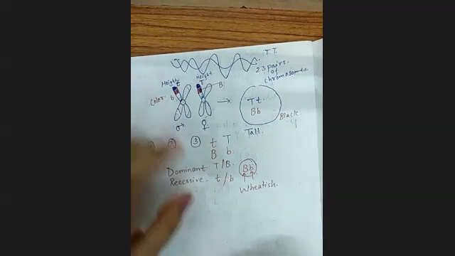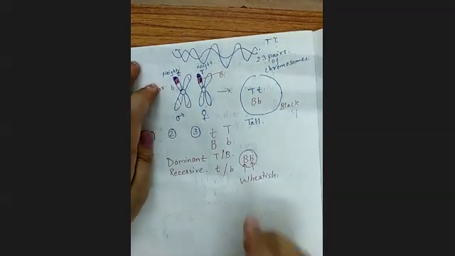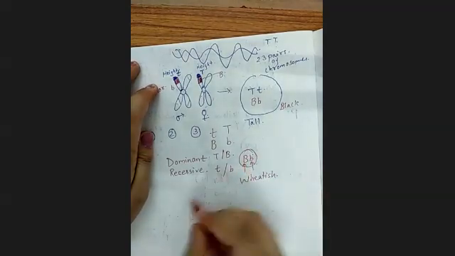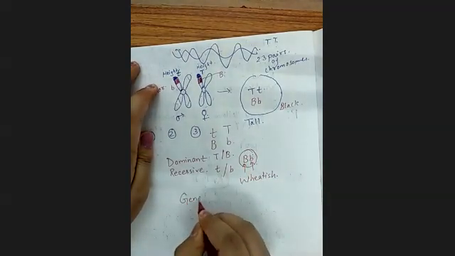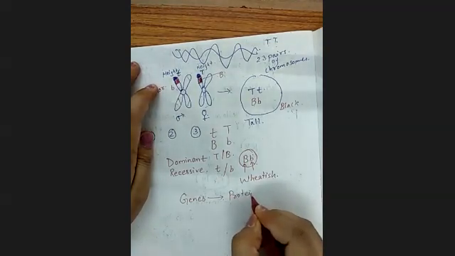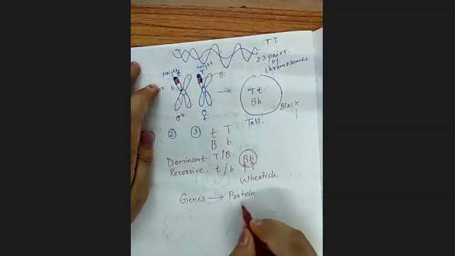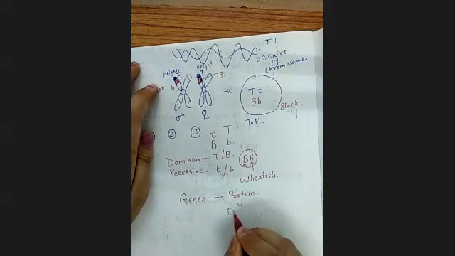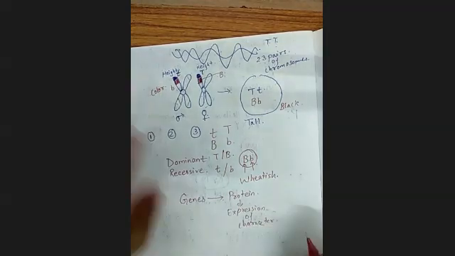Understood? Now see what happens with this, because whatever genes are responsible for the production of protein in us, and protein is responsible for the expression of the character. You should understand this.